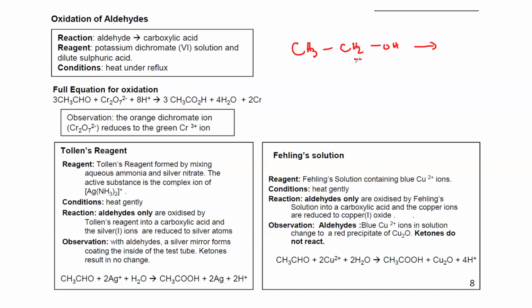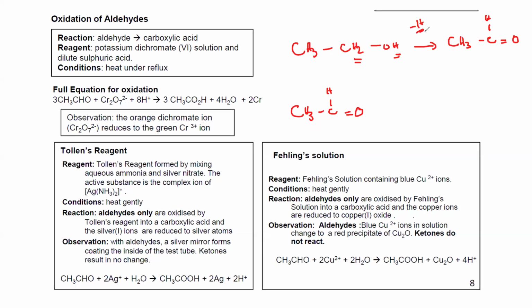One of the hydrogens is removed from here and another hydrogen is removed from here. So this will become CH3C, with one hydrogen left, and then C double bonded with O. That is how a primary alcohol turns into an aldehyde. And then the aldehyde turns into a carboxylic acid.